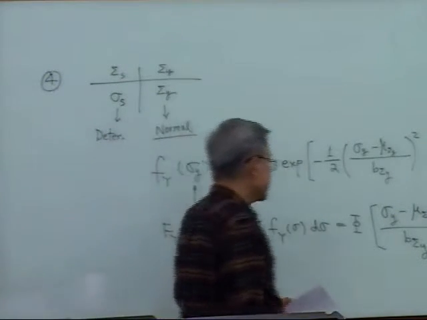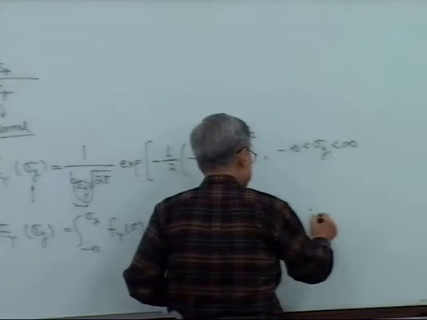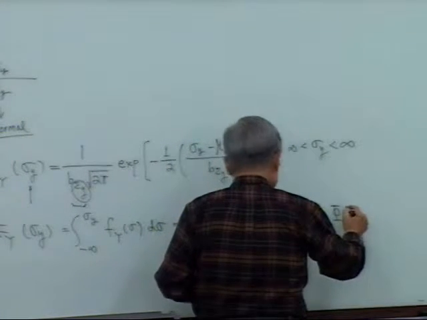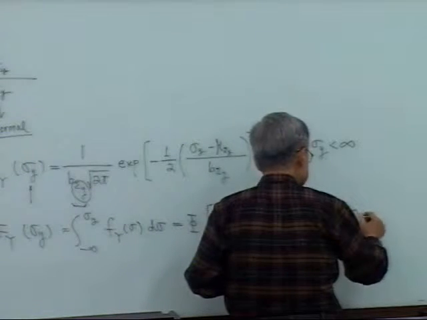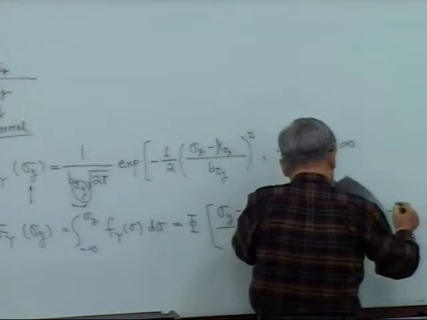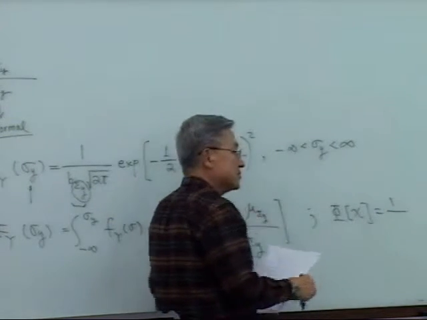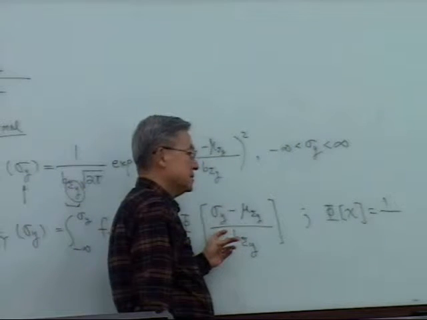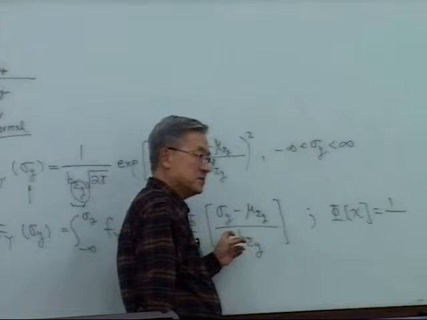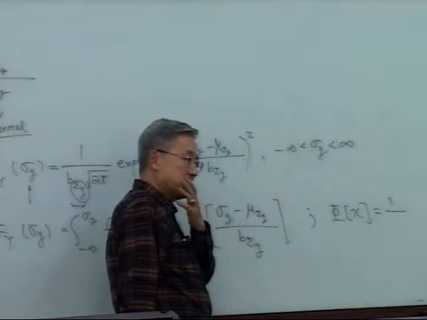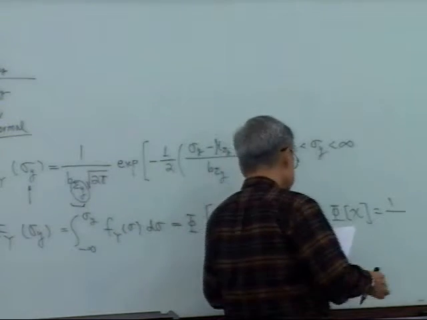And what's the expression here for phi? Expression for phi, let's say this is x, is equal to, so easy to remember, the mean is 0, standard deviation is 1, shifting to the origin of the coordinate.